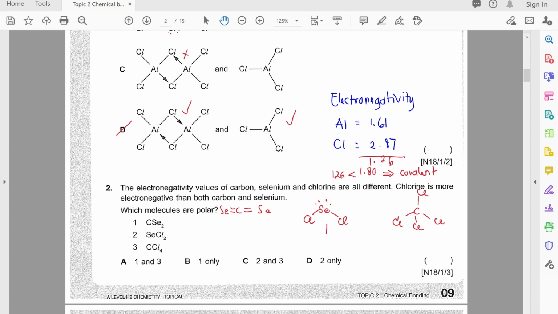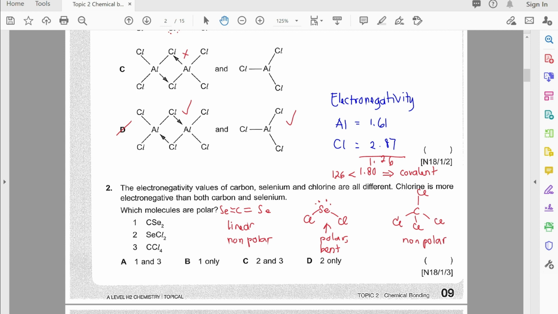So SeCl2 is polar because it has a bent shape, whereas CSe2 is linear and nonpolar because the dipoles cancel each other. Carbon tetrachloride is also nonpolar, the same as CSe2, as the dipoles cancel each other.